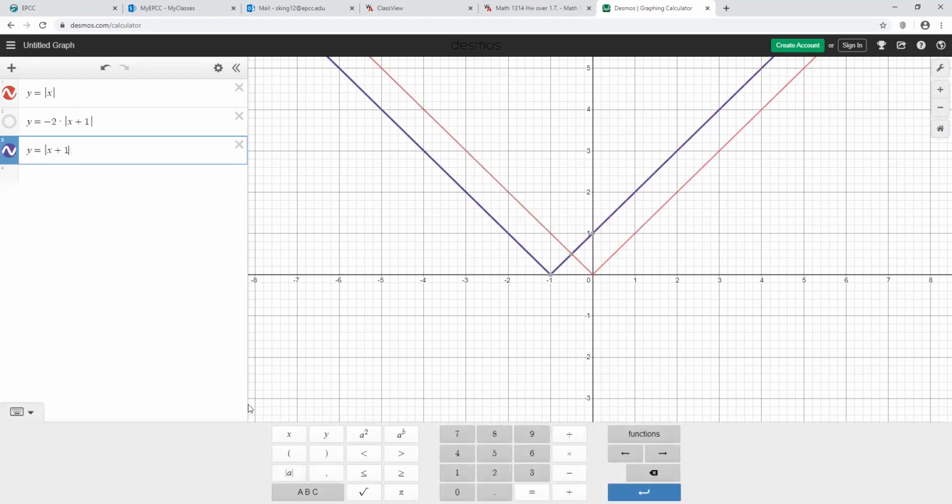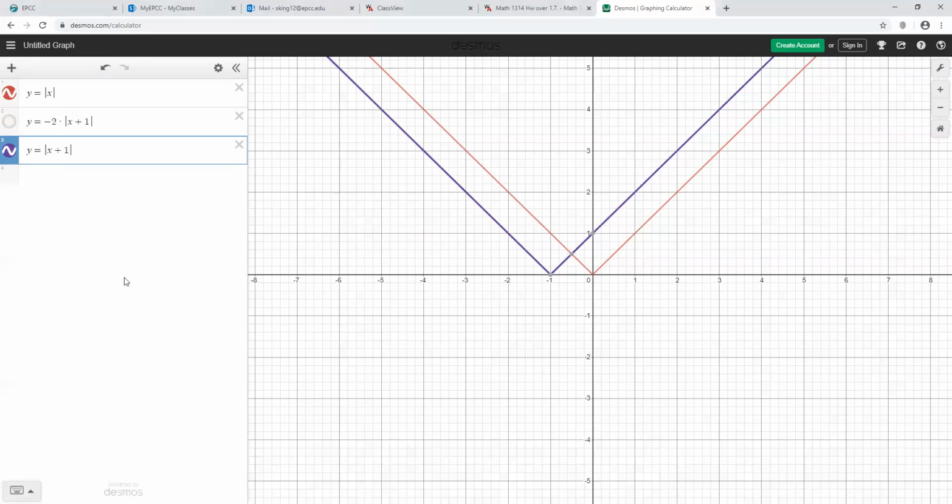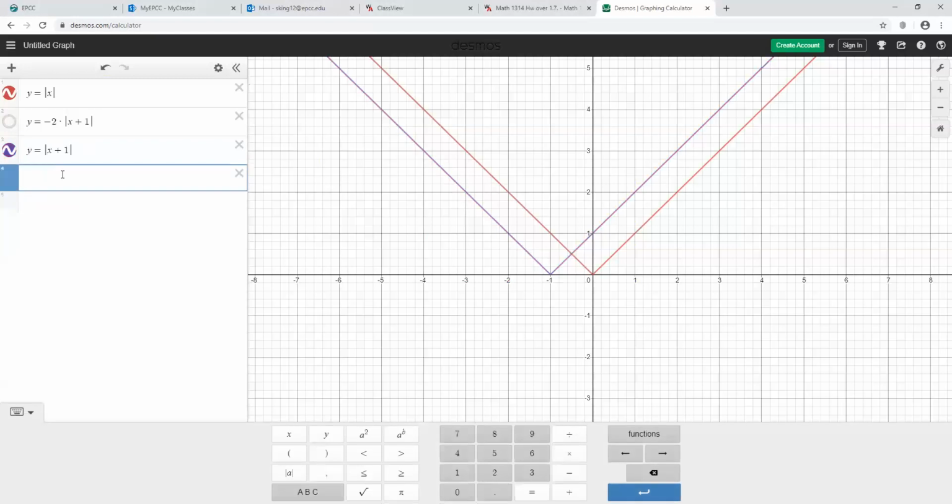Okay, now it became the purple graph. That was our first transformation, which was a horizontal translation. Now we have 2 choices. We either do the multiplication of -1 first, or the vertical stretch first.